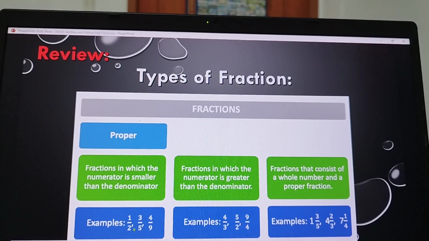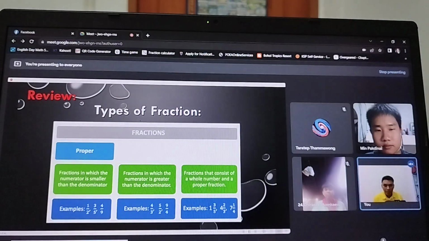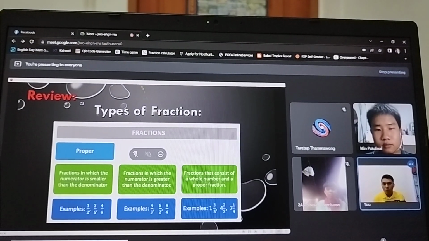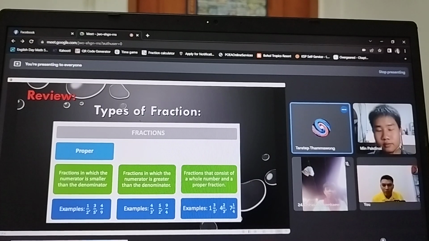Example, 1/2. 1 is smaller than 2. 3/5. 3 is smaller than 5. 4/9. 4 is smaller than 9. Okay, very good, Pakdinay. Next type of fraction. Fraction in which the numerator is greater or bigger than the denominator. So, Taratip, what do you call this type of fraction? Improper fraction. Okay, very good.